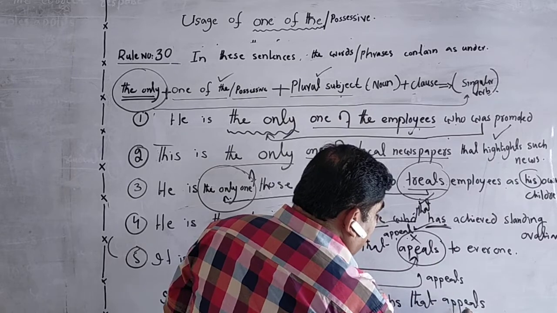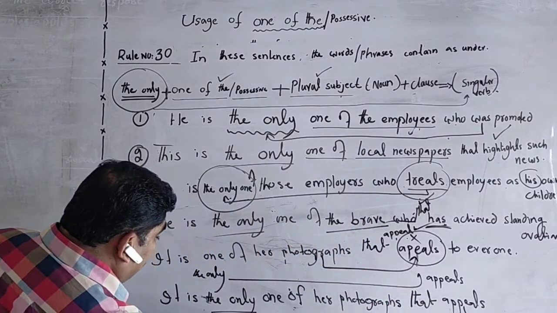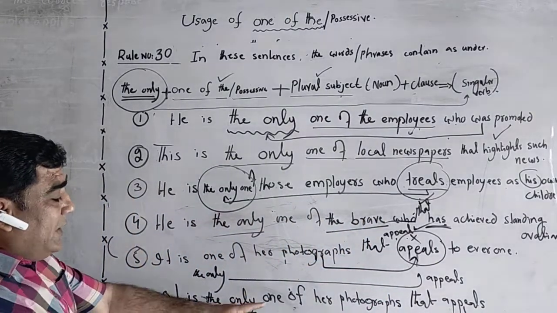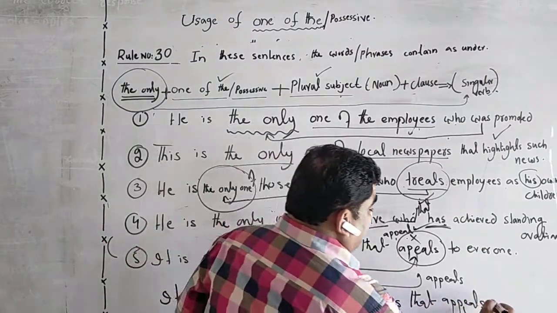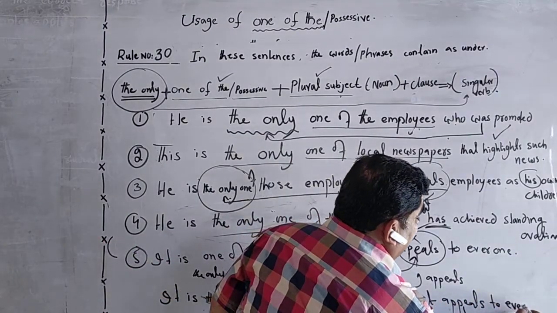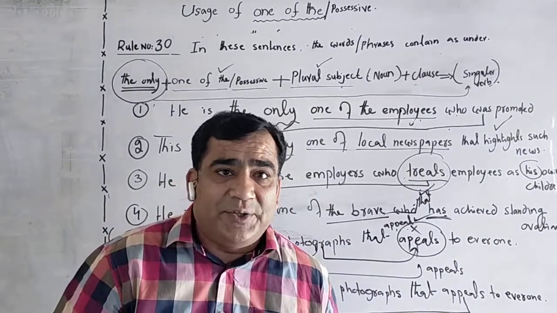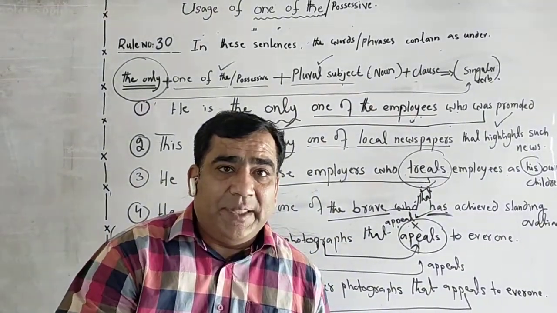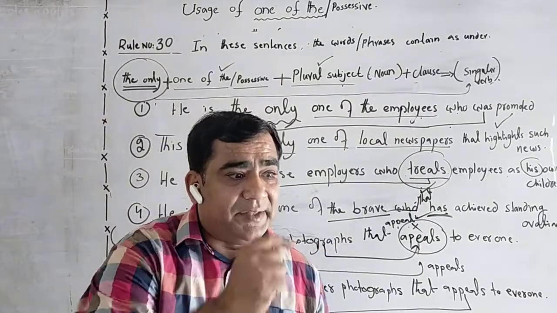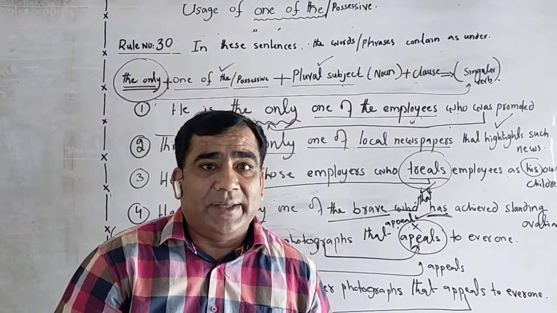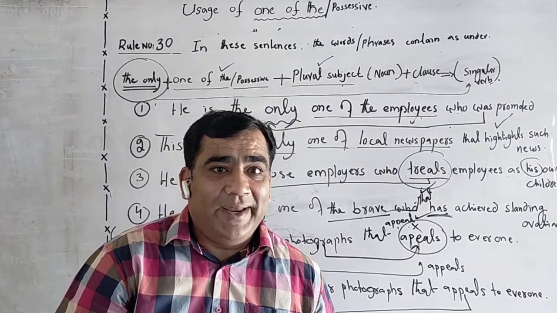That appeals, because appeals is directly related to "the only". It is the only one of her photographs that appeals to everyone. Hope you have understood these three topics, and even check the previous screenshot whether you have done it right or wrong.